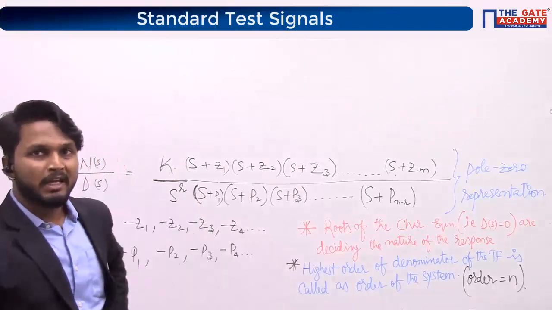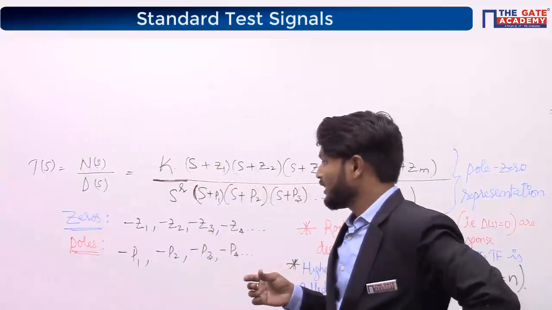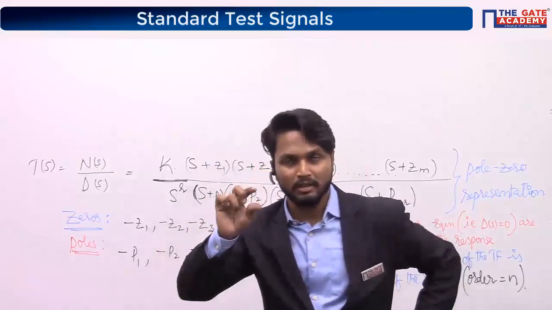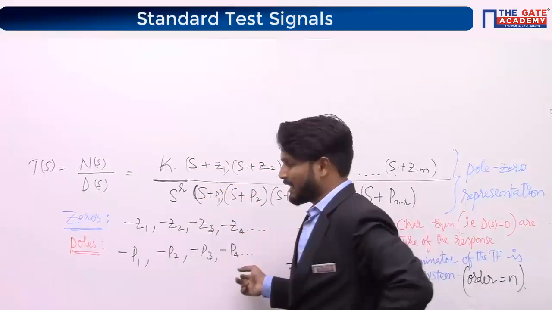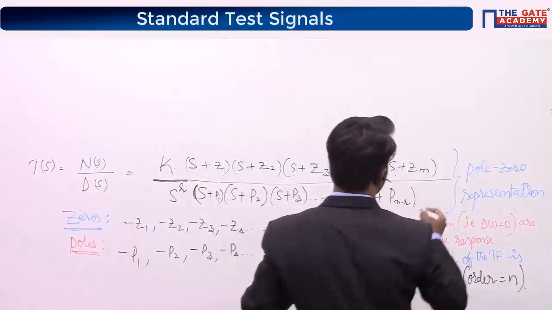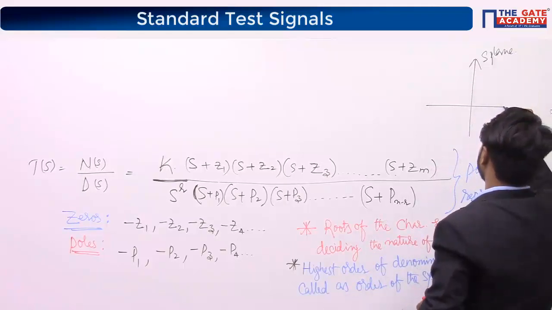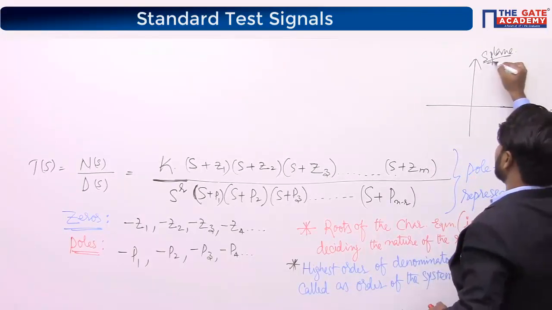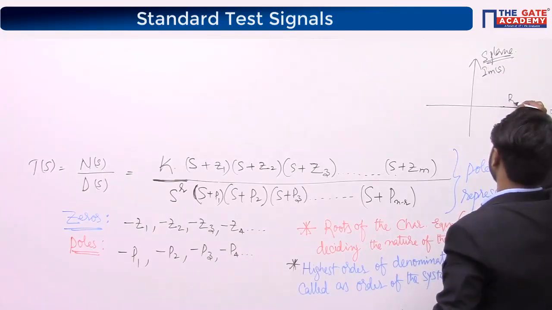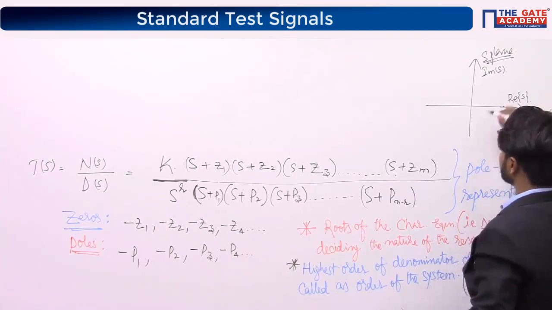See, there can be poles and zeros in your system residing at the origin. S is a complex number, so you will have the S plane. In the S plane, you have the imaginary part of S and the real part of S on the two axes like this.